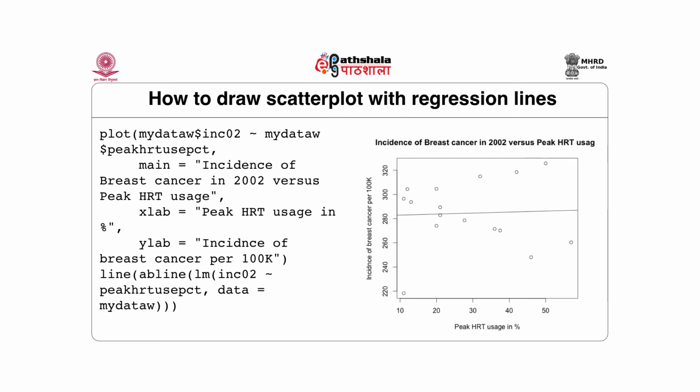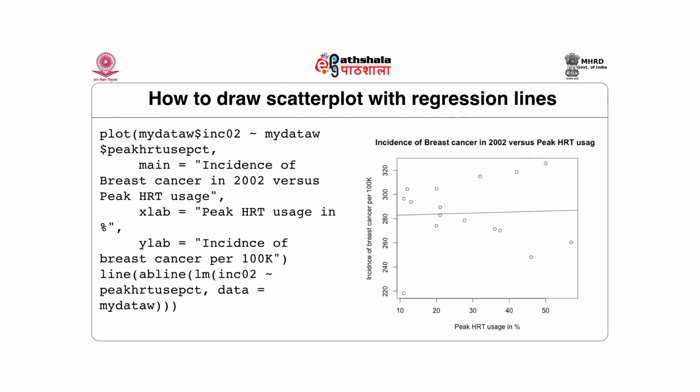In the previous example, when you gave a command to plot a continuous variable with a categorical variable, R immediately knew what to do and gave you a box plot, or a bivariate box plot. In this situation, R knows that you are asking for a scatter plot, so R is going to give you a scatter plot. It's as simple as that. Then you can use the line function to put in the regression line.